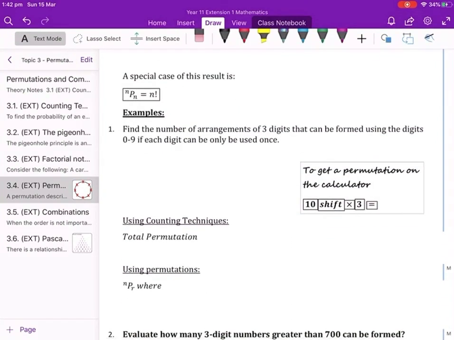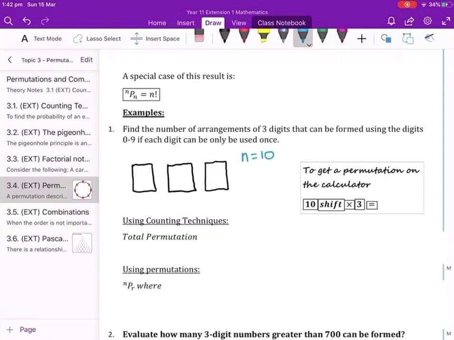For our first example, we want to find the number of arrangements of 3 digits that can be formed using the digits 0 to 9 if each digit can only be used once. We could solve this using our counting techniques. We think of having our first digit in the first box, our second digit in the second box, and our third digit in the third box. Because we have 0 to 9, we have a total of n equals 10 objects.